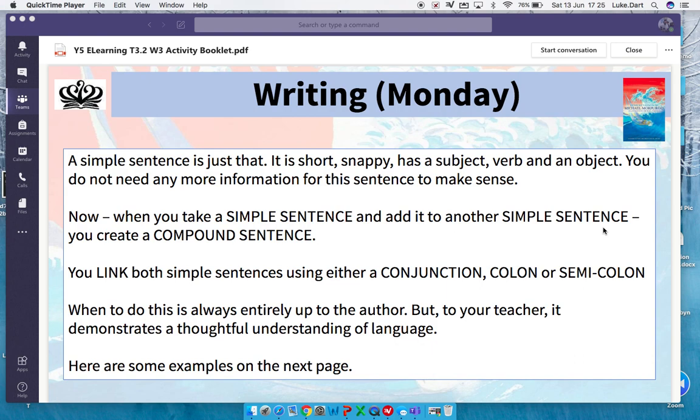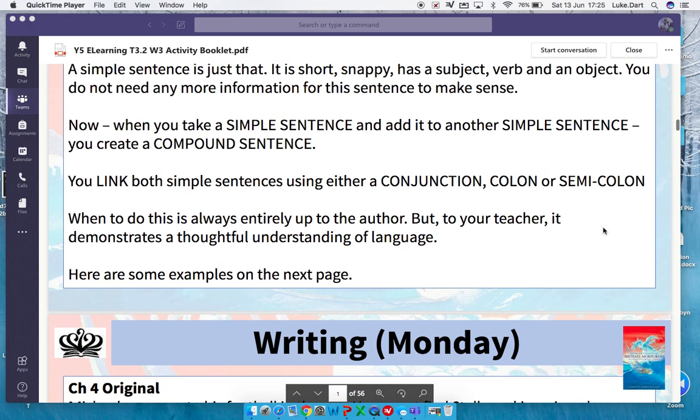So I'll say that again. A simple sentence, add another simple sentence, equals a compound sentence. You can link both sentences together using a conjunction, a colon, or a semicolon.